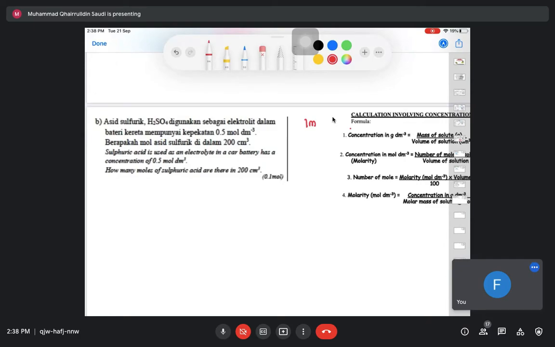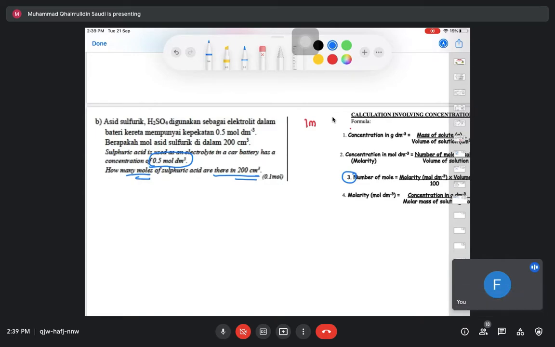B, given that the sulfuric acid used as electrolyte has concentration 0.5 mole per dm cube, how many moles are there in 200 centimeter cube? Which formula will we be used? Good, formula 3, okay? Adakah kita kena ubah formula tu? Number of mole?